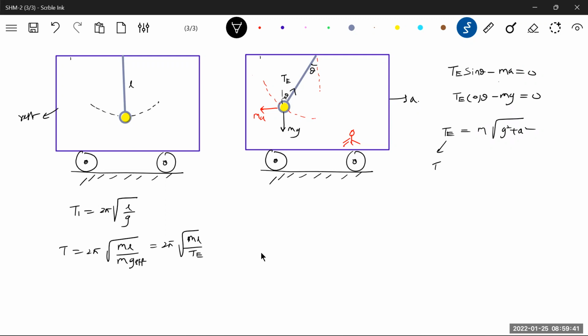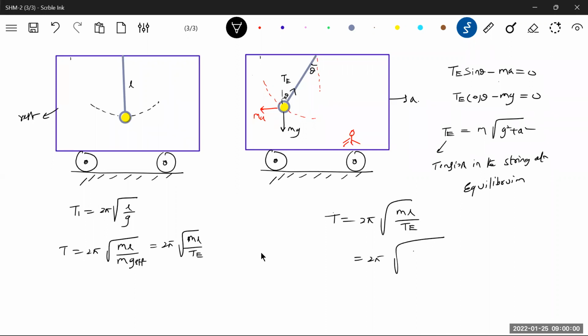This is what we calculate for the time period. What is the formula? T equals 2 pi root of m L by Te.